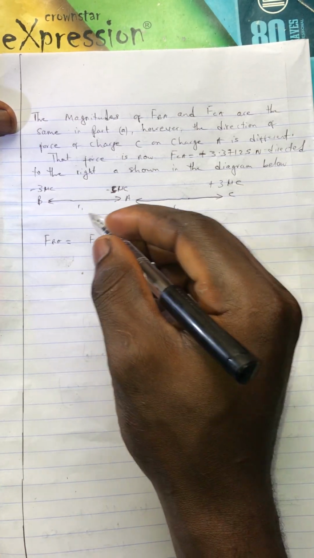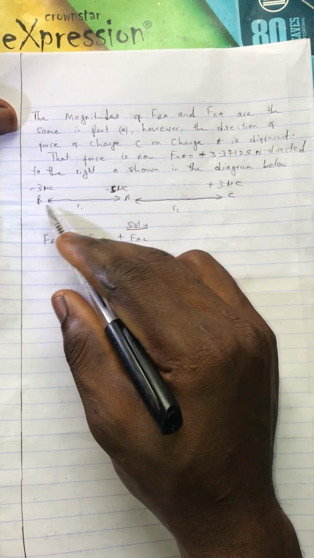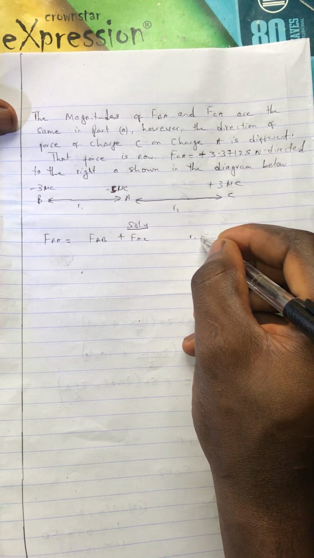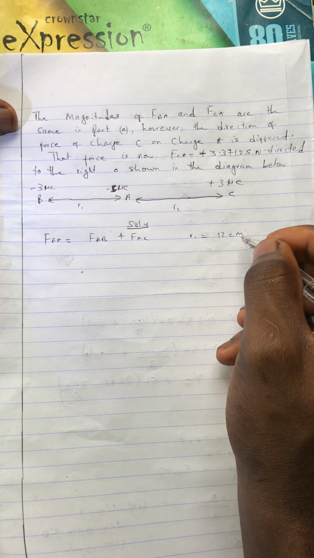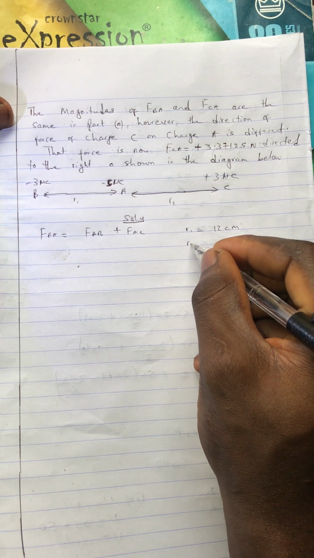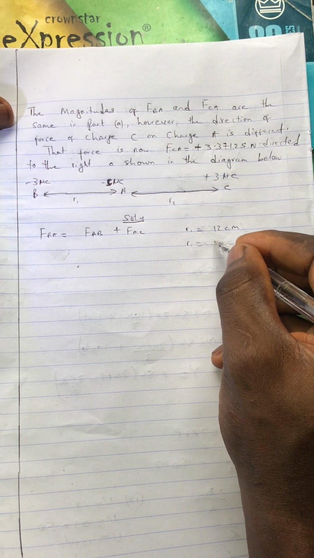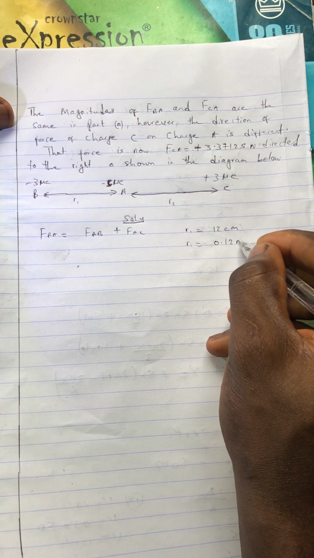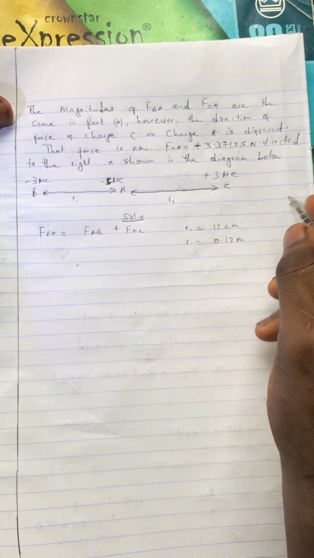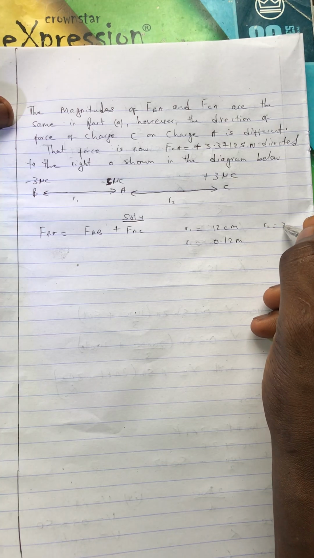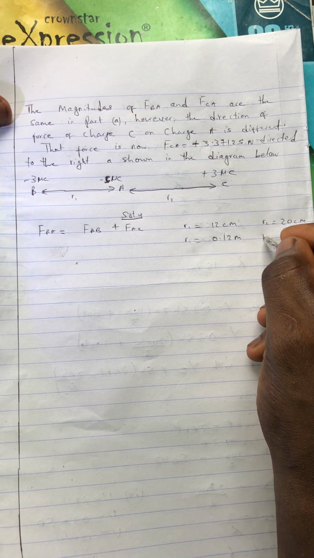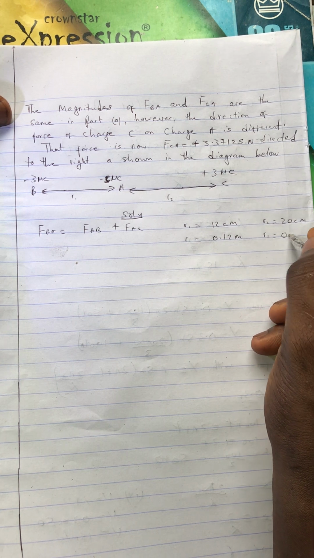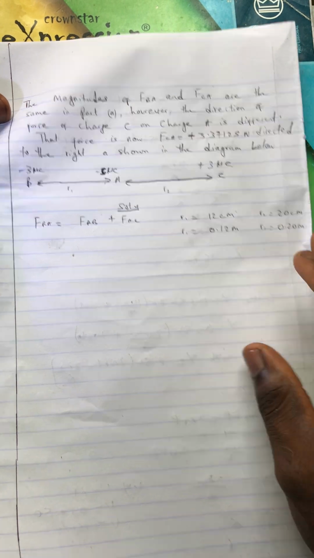Now remember that our distance from A to B, our r1, is 12 centimeters. When we convert this to meters, r1 will be 0.12 meters. Our r2 is 20 centimeters, and when we convert this to meters, r2 gives us 0.20 meters.